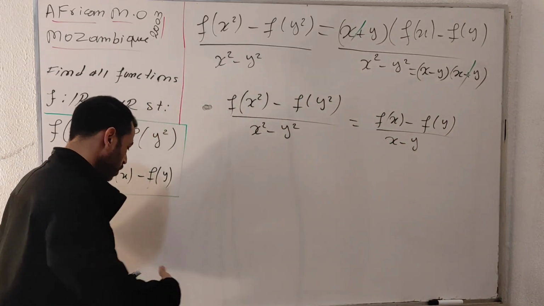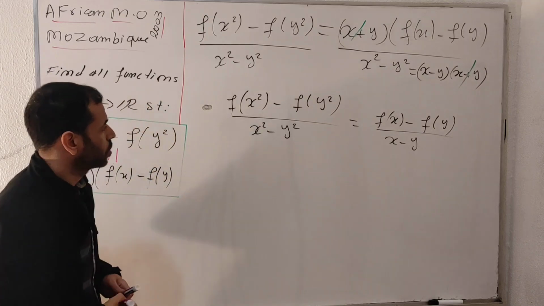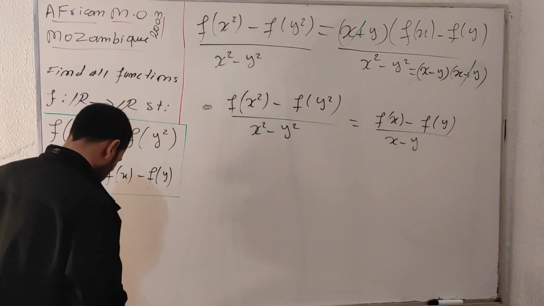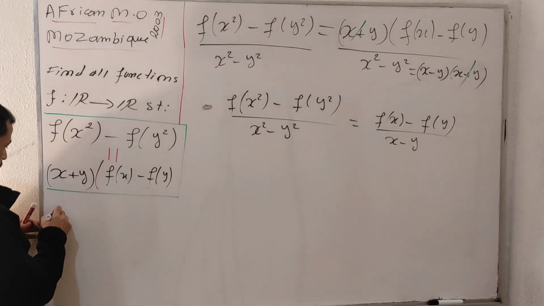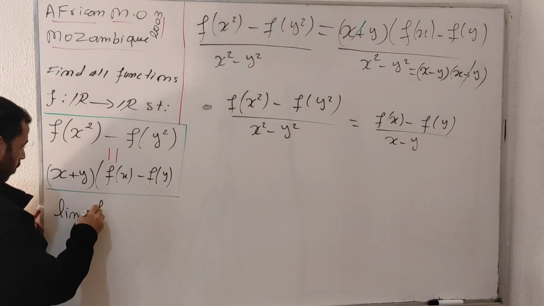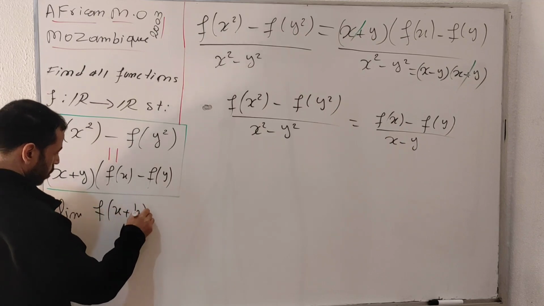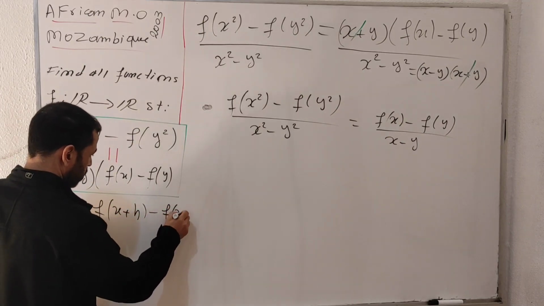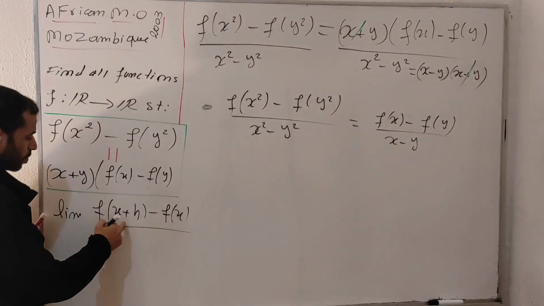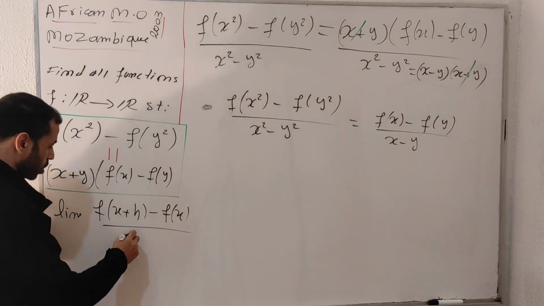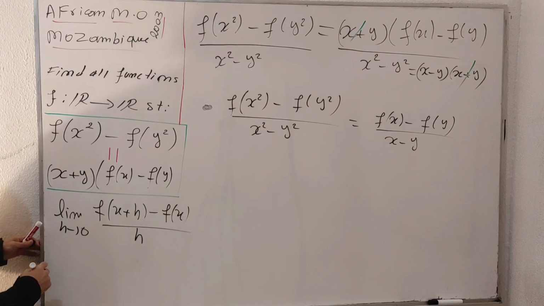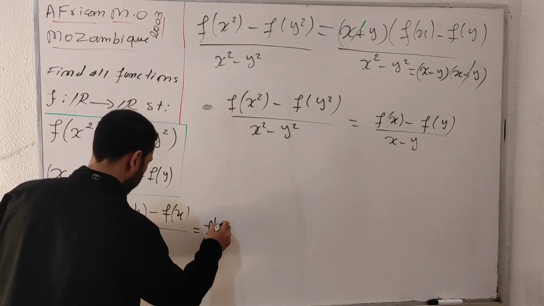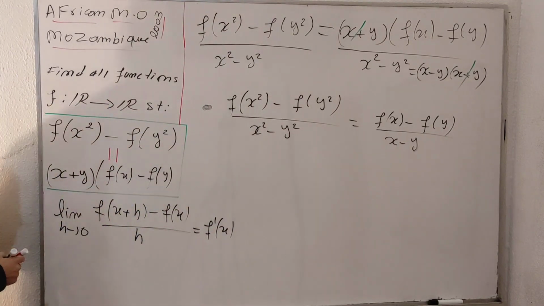Okay, the next thing: by the definition, if you go back to the derivative definition, I will have the limit of f of x plus h minus f of x divided by x plus h minus x, which is h, as h goes towards 0. This is given as f prime of x at the point x.